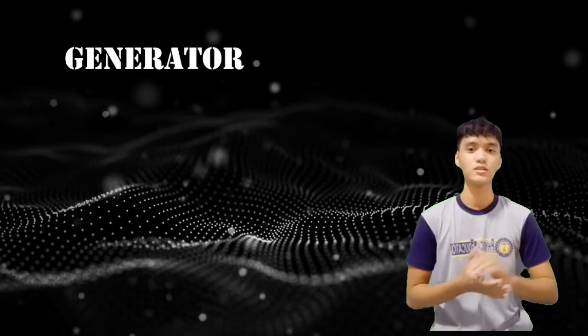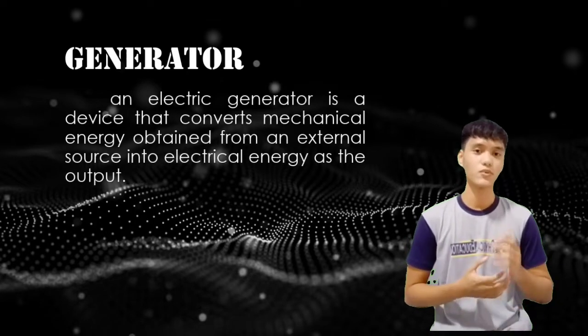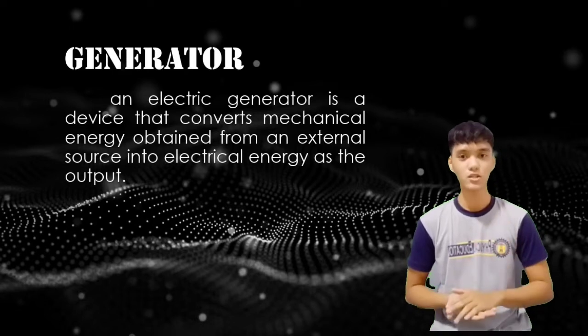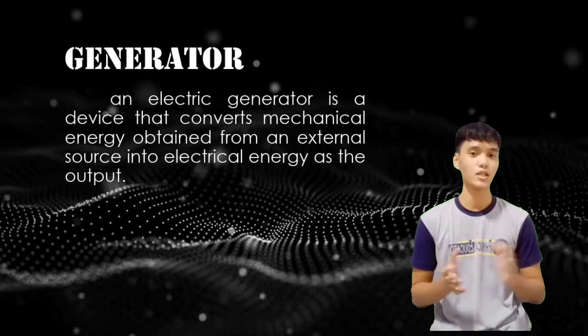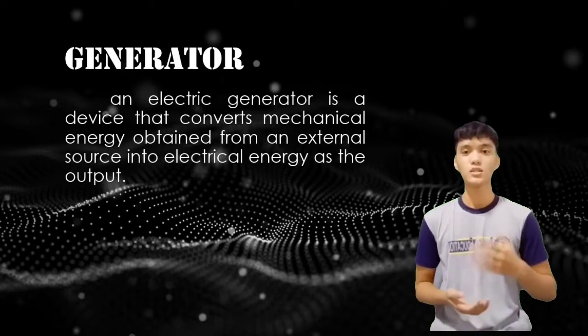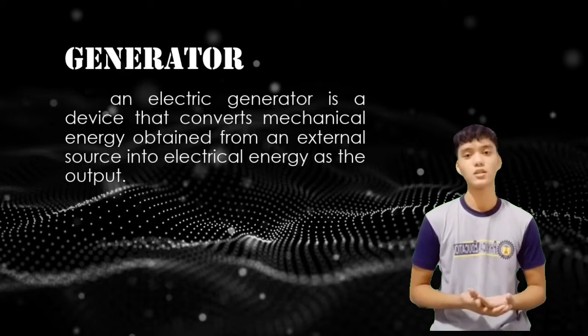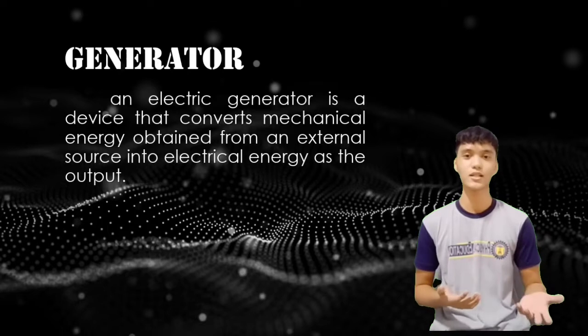Generator. An electric generator is a device that converts mechanical energy obtained from an external source into electrical energy as the output. It is important to understand that a generator does not actually create electrical energy.